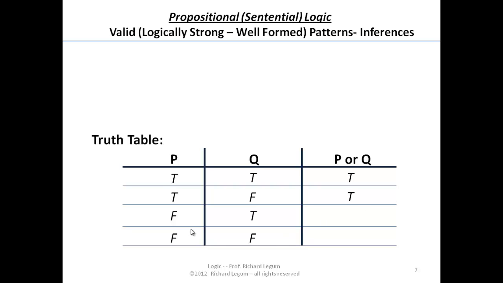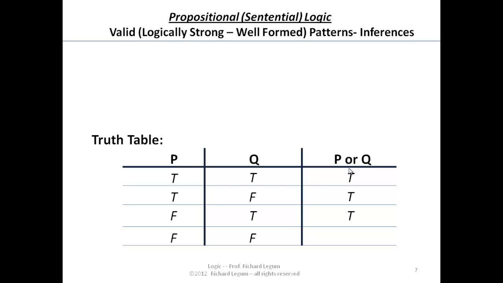Now if we reverse it, P is false and Q is true, since for P or Q to be true, only one of the two has to be true, well, we still have that met, so our third row expresses a condition where the disjunction P or Q is true in case P is false and Q is true.